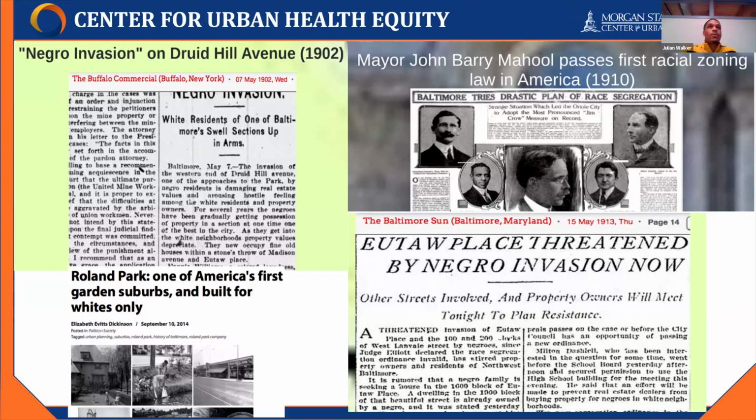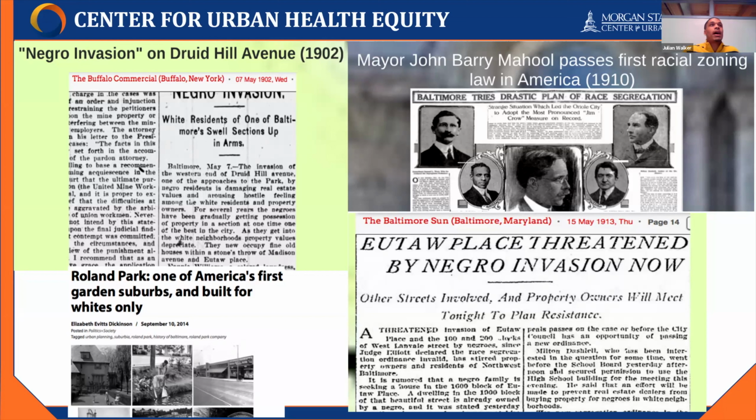How that was received by the North was with a lot of propaganda and a lot of fear mongering. What you see on this slide is a representation of that propaganda and fear mongering.